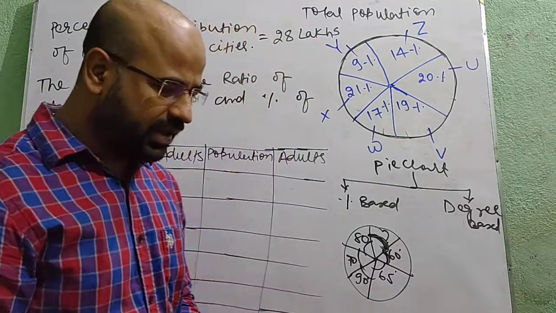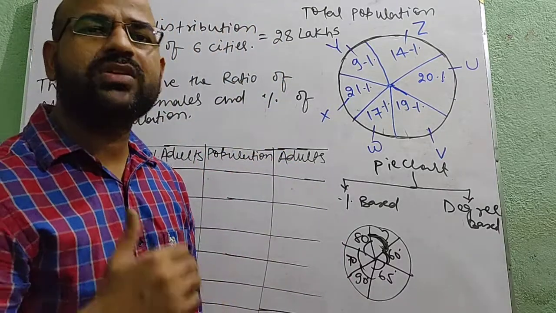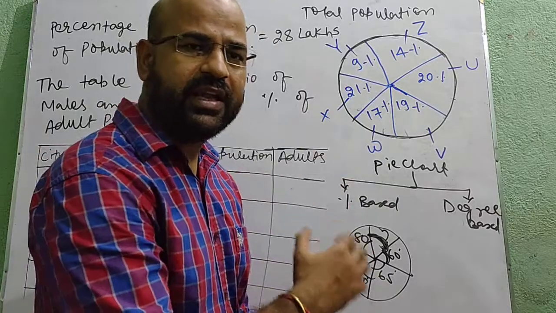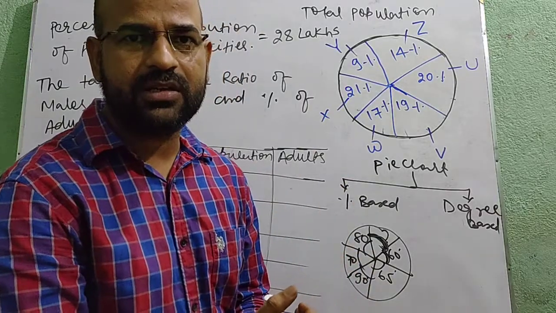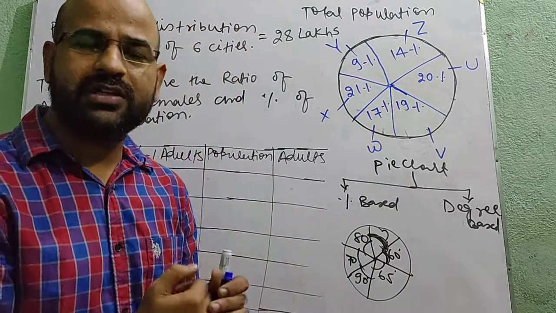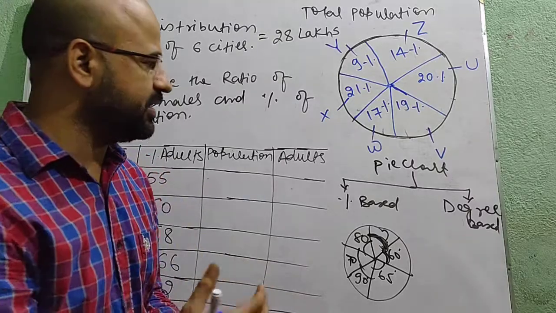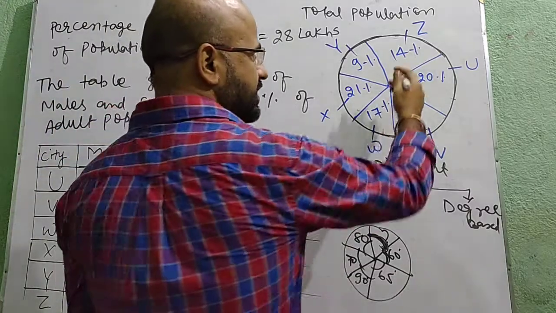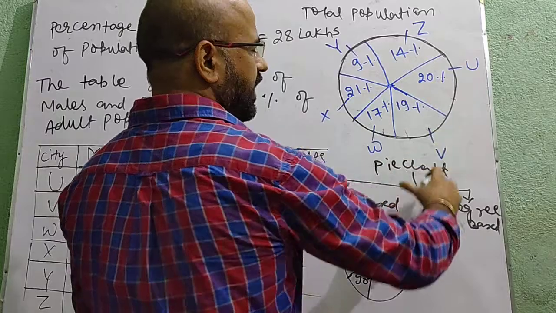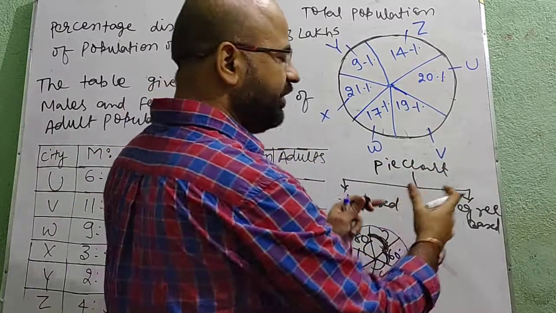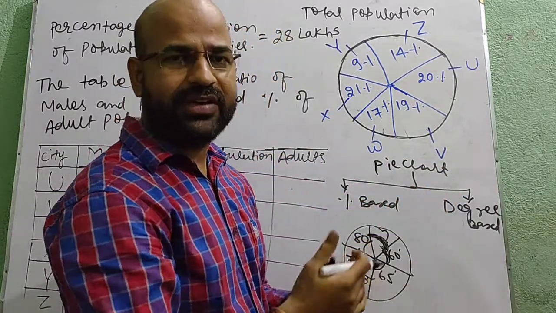Other thing is how can we convert percentage based into degree based, and how can we convert degree based into percentage based? Means if the data is given in percentage and we have to go to degrees, how can we convert?